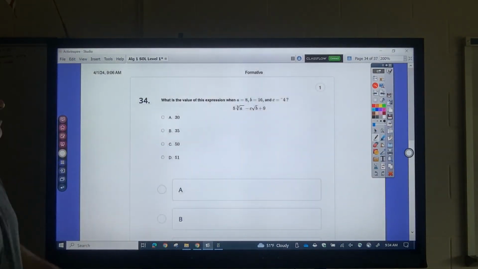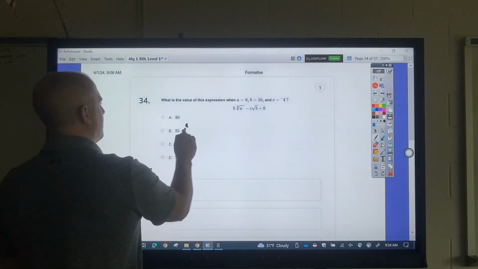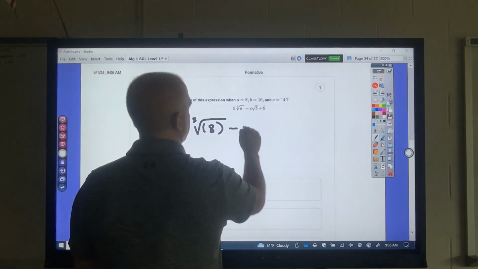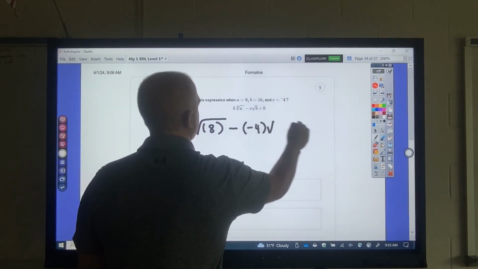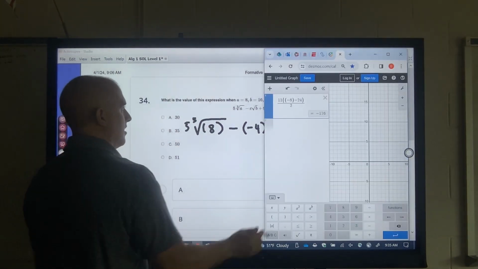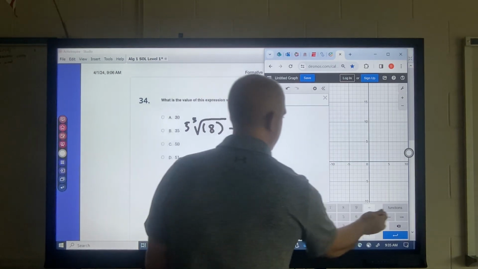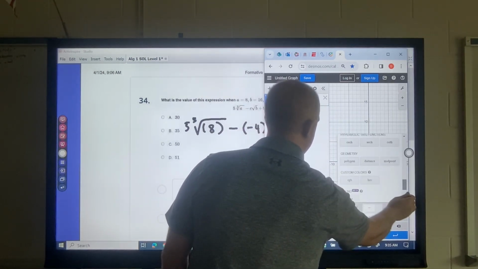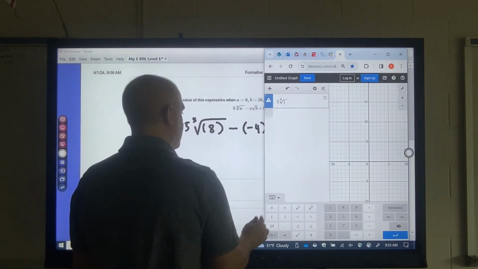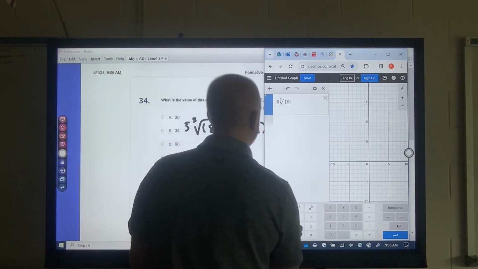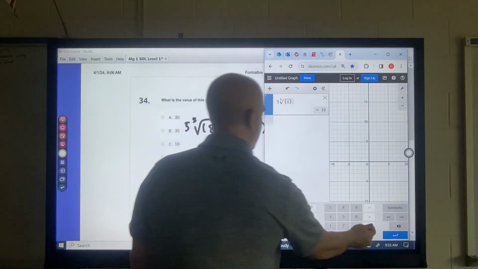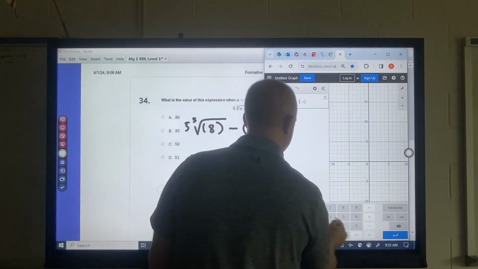All right, same deal. I want to put 5, parentheses 8, minus parentheses negative 4, square root, parentheses 16, plus 9. So 5, functions, scroll all the way down. I can type 3. Inside, I click inside, I type 8, close the parentheses, and just click over here, or you can hit the over button. Minus, parentheses around negative 4.